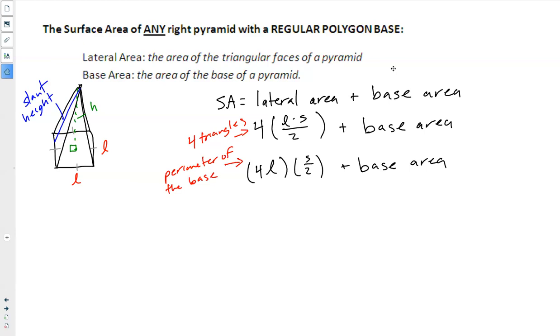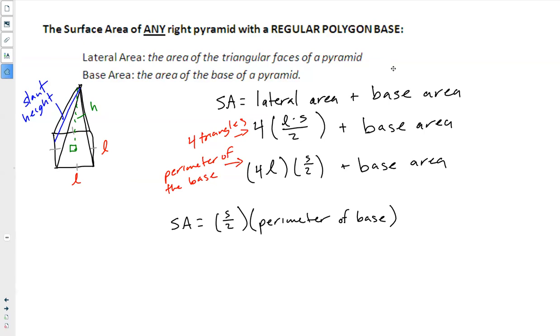Okay, so just to wrap this up and put a nice little bow on it. So surface area is equal to, we're still going to have our slant height divided by 2, multiplied by whatever the perimeter of the base is.